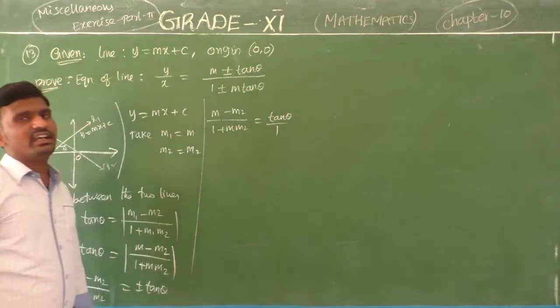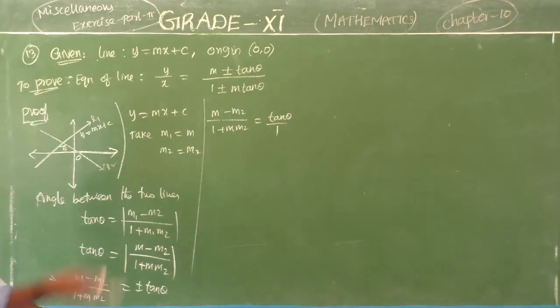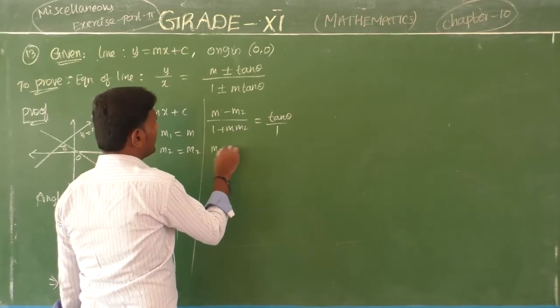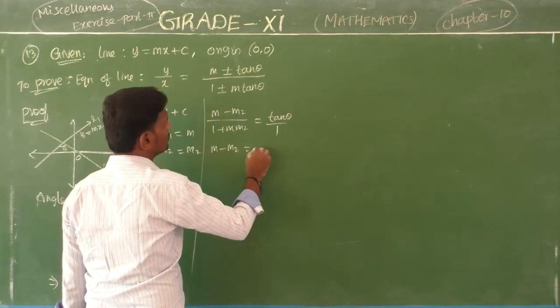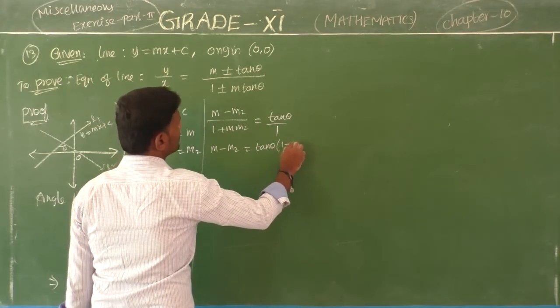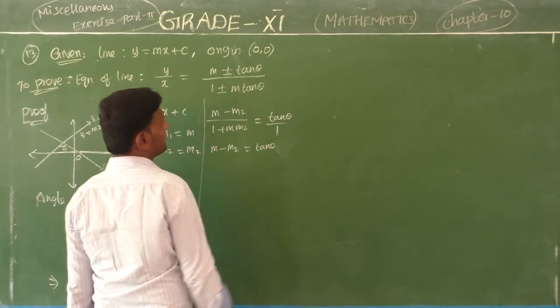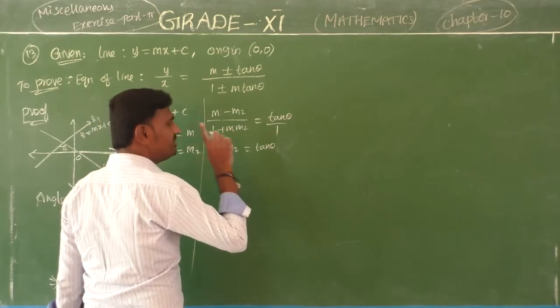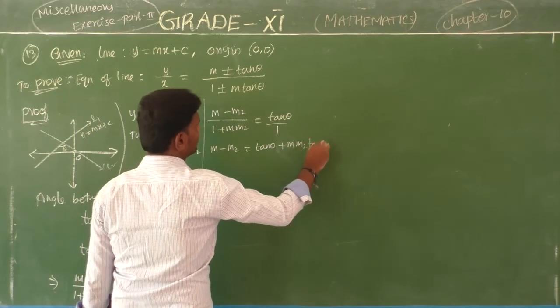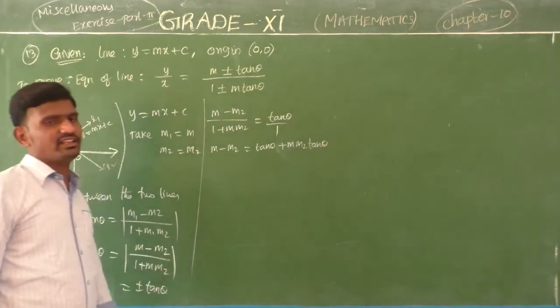Take the denominator as 1. Now taking the cross multiplication, we get m minus m2 which is equal to tan theta into 1 plus m m2 tan theta.